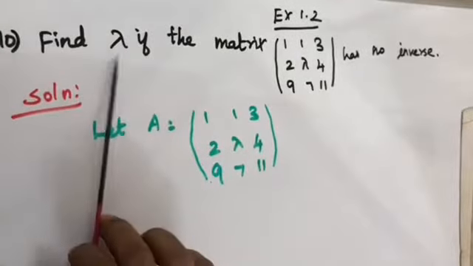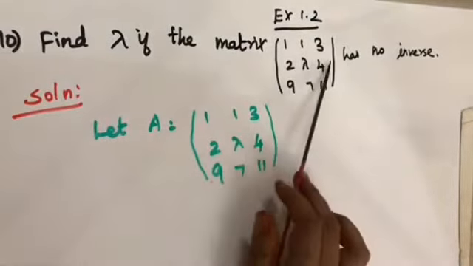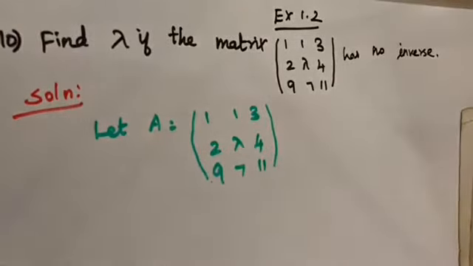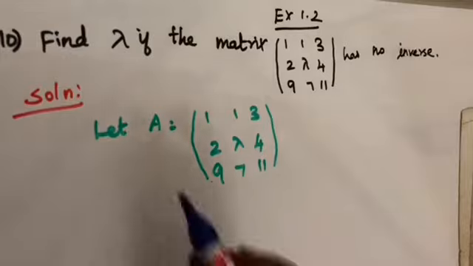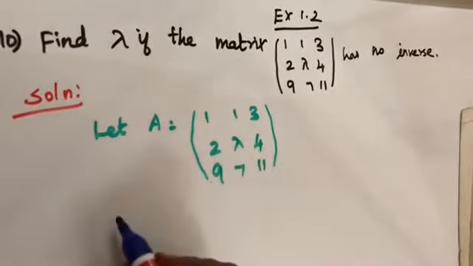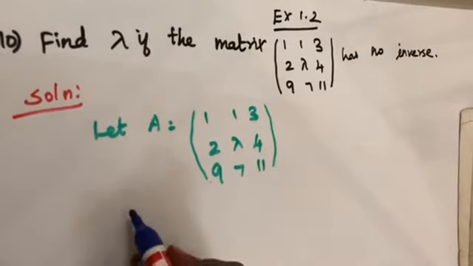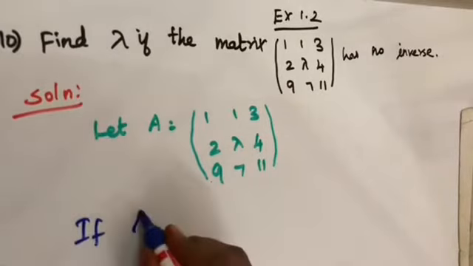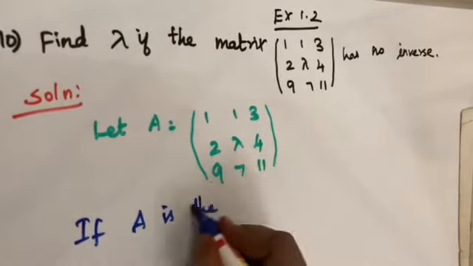Find lambda if the matrix [1, 1, 3; 2, lambda, 4; 9, 7, 11] has no inverse. For what type of matrices can we not find inverses? Hope you remember that. Now let A be equal to this matrix. When does the matrix A have no inverse? If A is a singular matrix, then we cannot find an inverse.